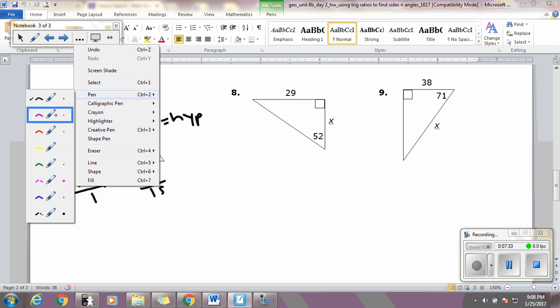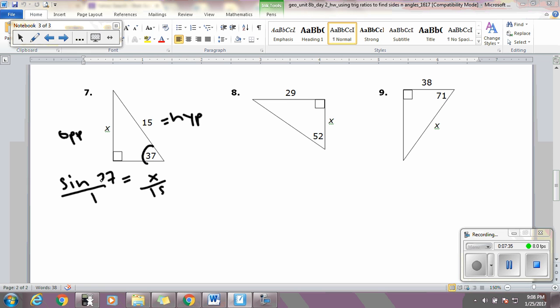Some of y'all might be able to pick up on some of the patterns based off of the setup and be able to jump right ahead to the next step. Others, it still might be too soon for that, which is perfectly fine. When I cross multiply, I would get x is equal to 15 times sine of 37. Now we grab our calculator.